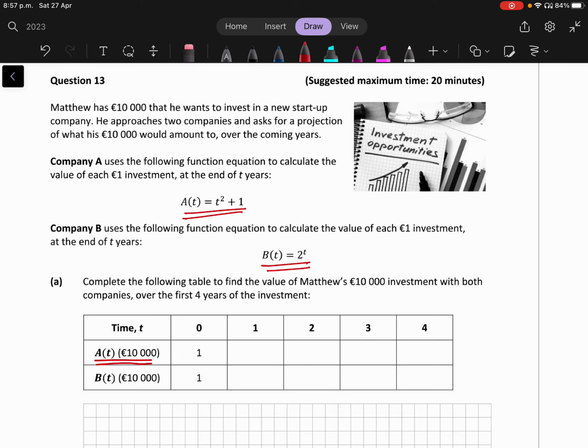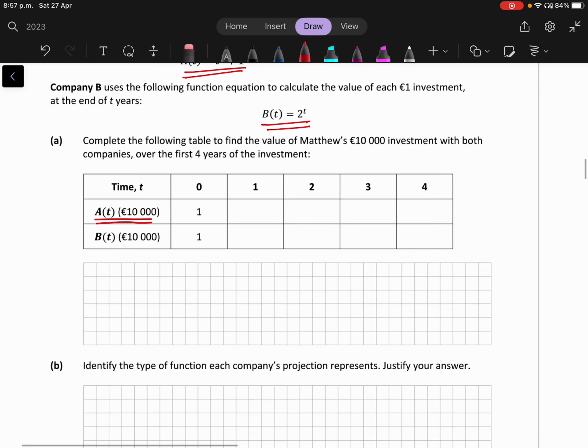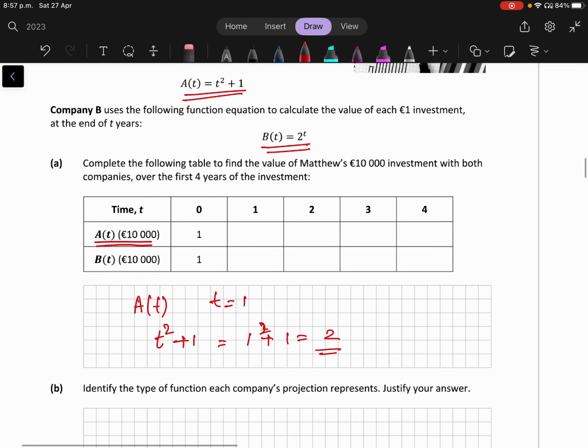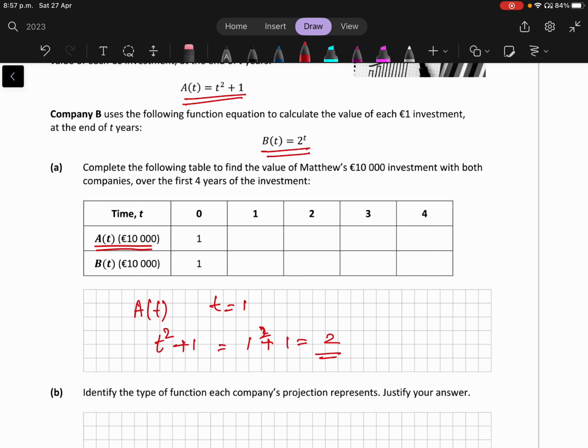Let me just do one for the first one. So t is equal to 1. A(t) is t square plus 1, so when t is equal to 1, it becomes 1 square plus 1, which is equal to 2. Similarly, you can calculate everything. But as I said, we can use the table function in the calculator to do the working.